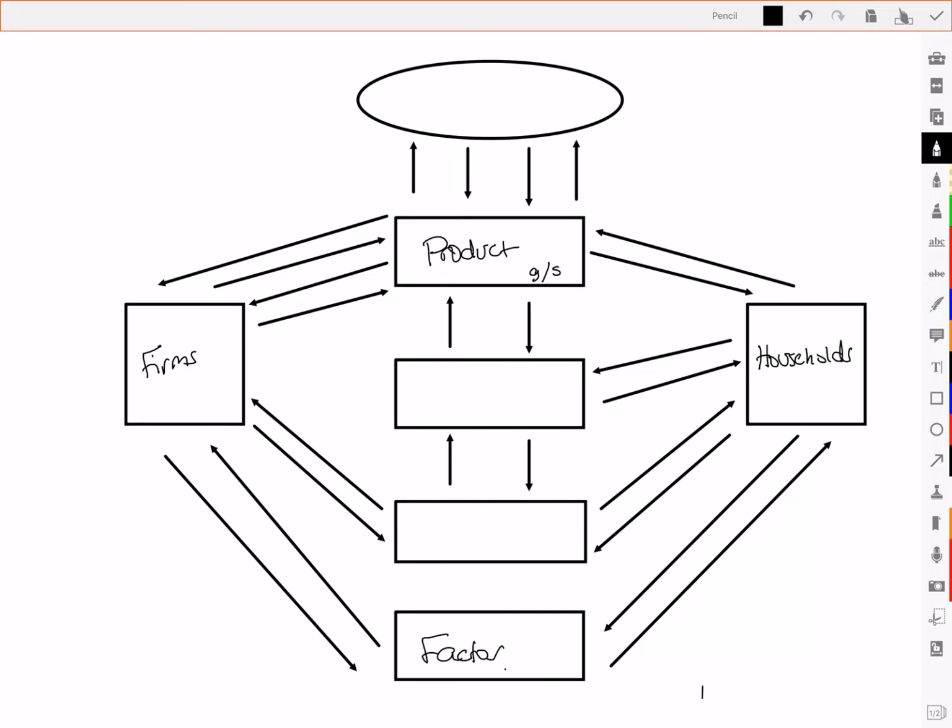So we know already that households are going to sell their factors of production in the factor market. So we have those factors of production going from the household to the firms.